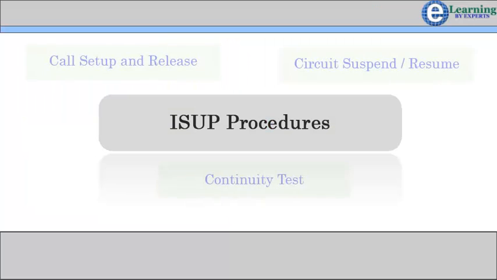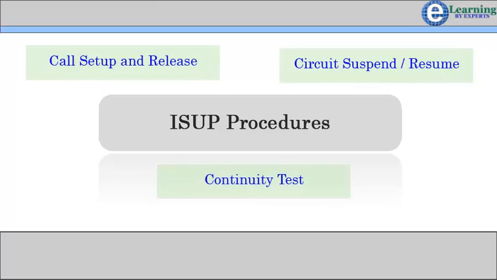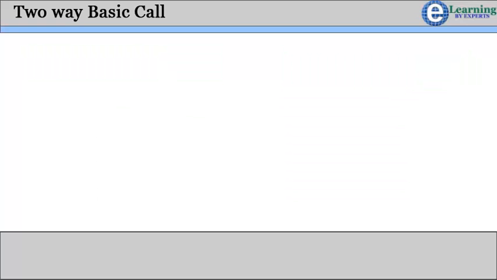Now, we will discuss a few ISUP procedures. The SSP populates the IAM with information about the call setup, such as the CIC, CDPN, call type, CGPN, and PCM encoding scheme.